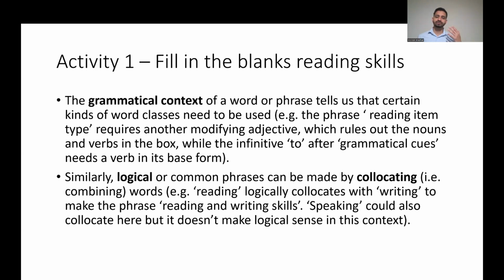So what kind of reading item type is it? This rules out the nouns and verbs, so we don't really need the nouns and verbs in the box. We need, while infinitive to, obviously, so we need multiple choice, right? Multiple choice reading item type. And while to, after grammatical cues, needs a verb in the base form. Again, we talked about this, right?